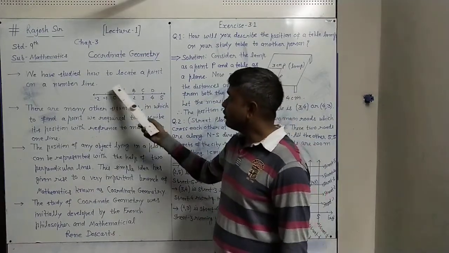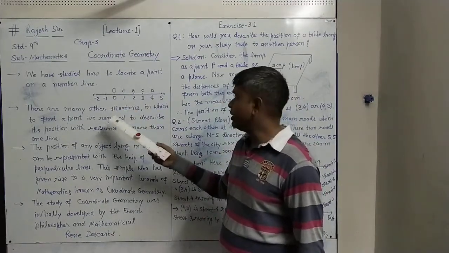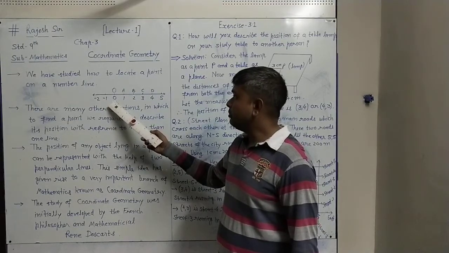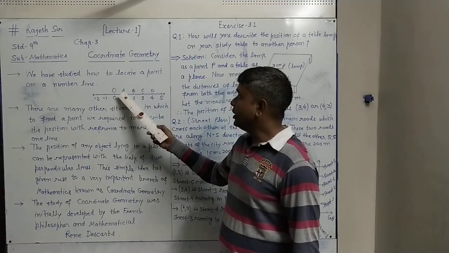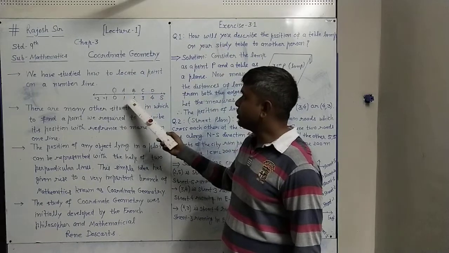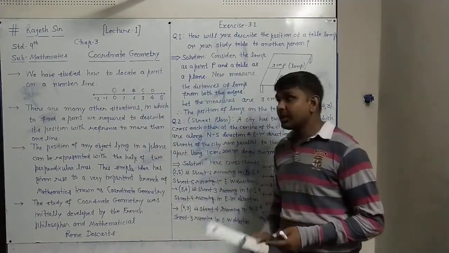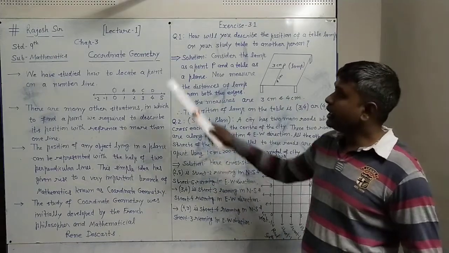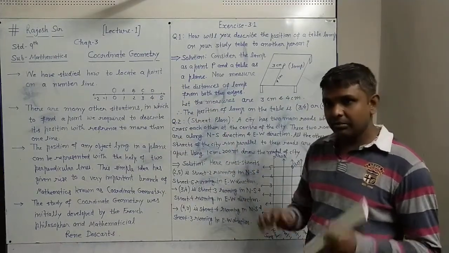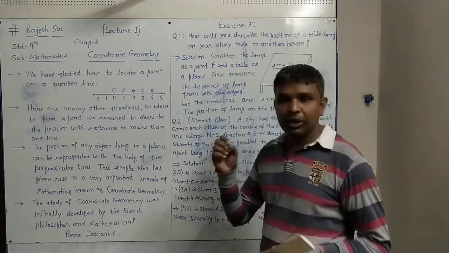Generally we consider the origin as having the value 0. Point A is located at 1, point B at 2, point C at 3. This way, as we know from earlier classes, we can locate a point on a number line, that is, on one number line we can locate any point.